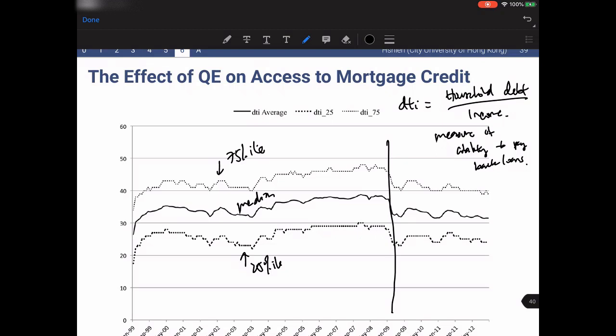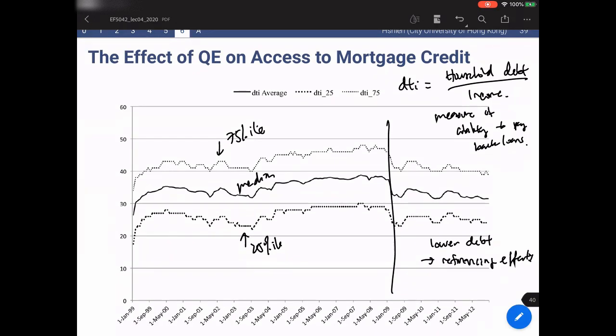And what we see is that there is lower debt, and so there is some degree of refinancing effects, right? So DTI is kind of a flow variable, okay? So people are refinancing given the lower interest rate, and therefore DTIs are lower. Makes sense.